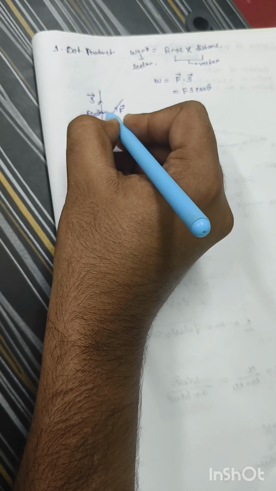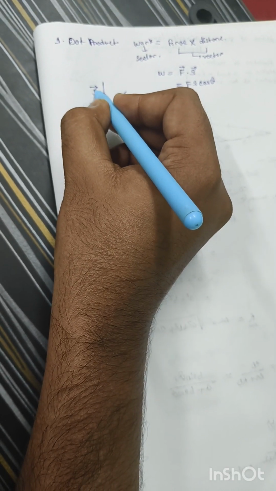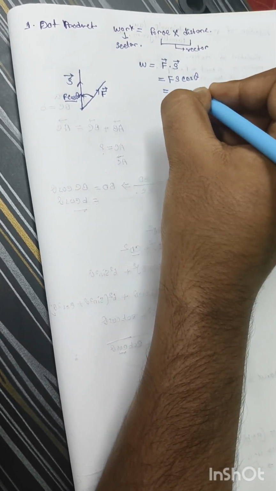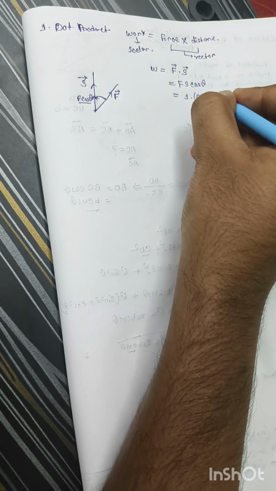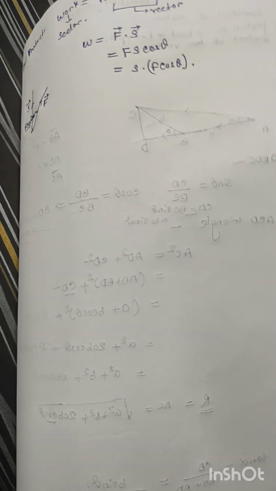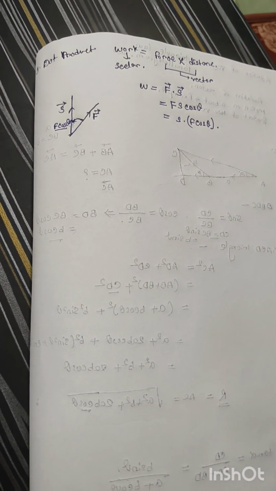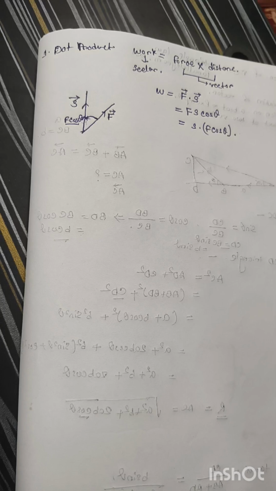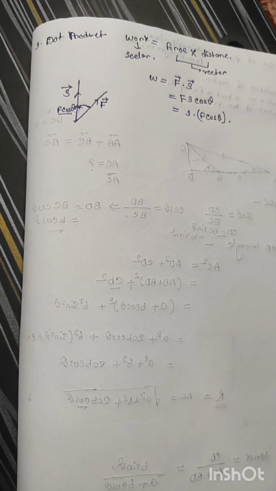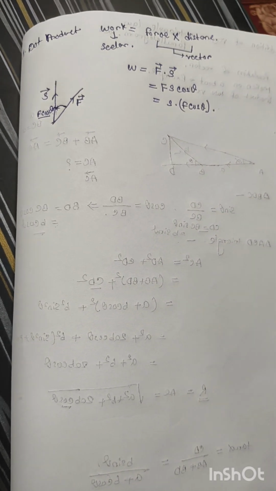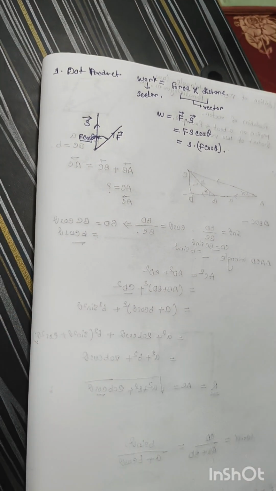The value of F towards the axis of S is F cos theta. That means S times F cos theta. So the dot product means the magnitude of one vector multiplied by the component of the second vector towards the first vector.